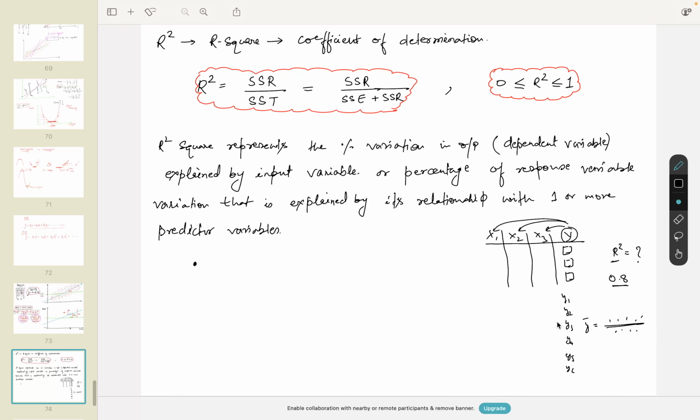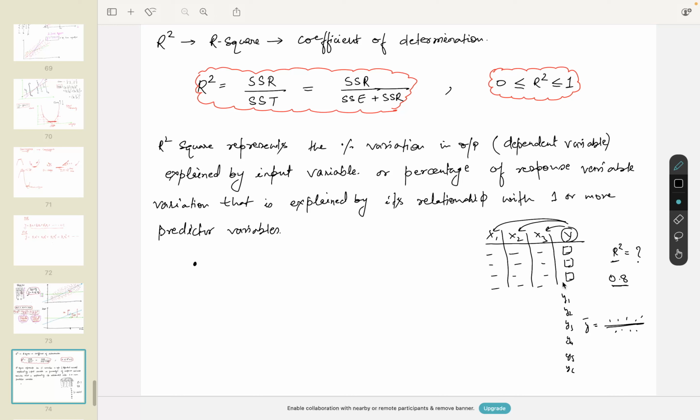Remember the variance. So all these different y values, somewhere 20, 30, 80, 20, 40, 30, 20, 80, anything. So whatever these x values are, this independent variable is able to explain the variation in the y by 80%.